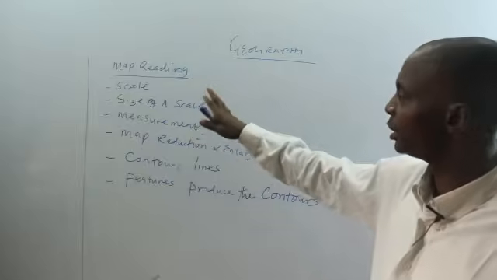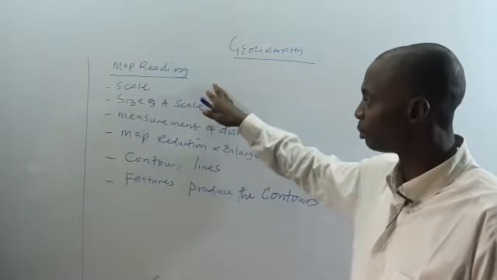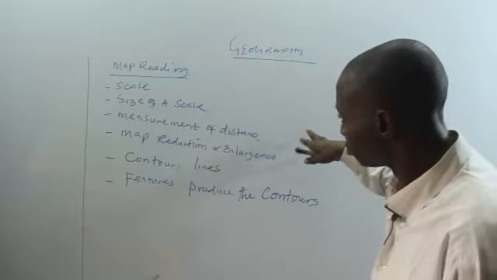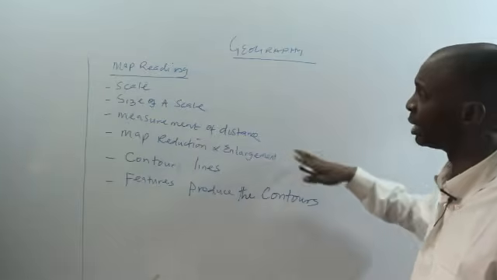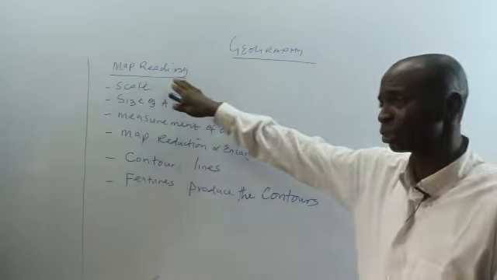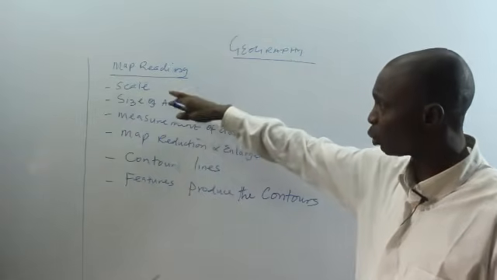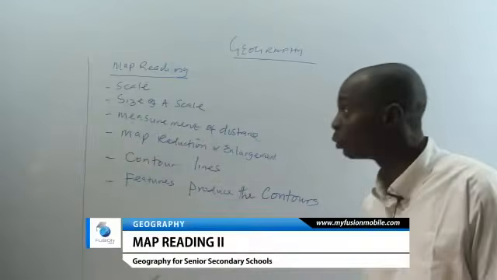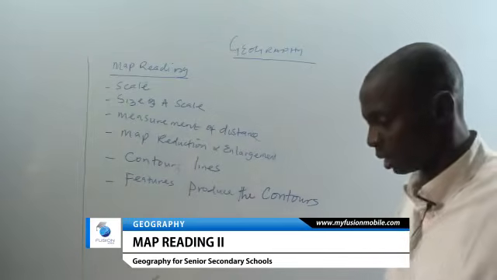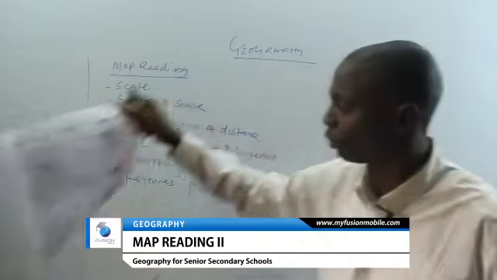So the actual distance of 2 points on the map, and how you can represent them on the ground, is what scale is all about. And in our previous class, we also talked about the types of scale. Number 1, we have the linear scale.